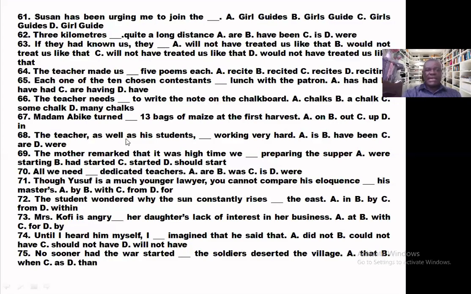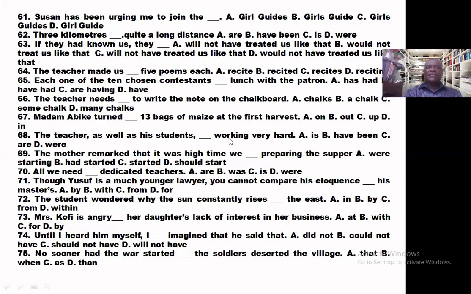68: The teacher as well as the students dash working very hard. When you have the expression as well as following a singular subject, of course, the verb must be singular because you can see also the comma separating this. So the verb here is subject to the actual subject, which is this singular one.